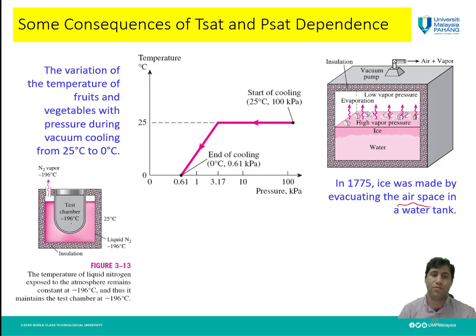The temperature of that test chamber will also be negative 196 degrees Celsius. So we can keep the temperature of the test chamber constant by sinking the test chamber in the liquid nitrogen, with insulation of that chamber. Then the temperature will be negative 196 degrees Celsius.